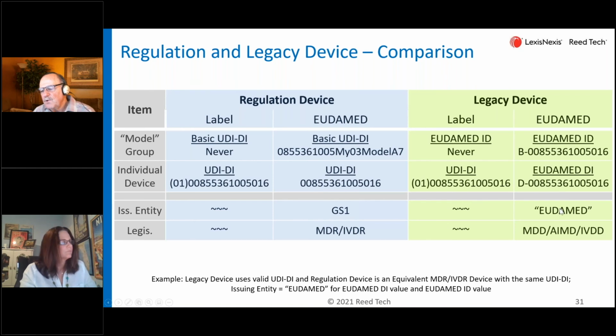Contrast that to the record that you put in place for the legacy device. Here, the issuing entity is this new standard. Basically, you put the issuing entity by default as UDI. So UDI will be used for the issuing entity for all legacy devices. And then you will point to one of the three different directives. So that is the difference in actual reporting.